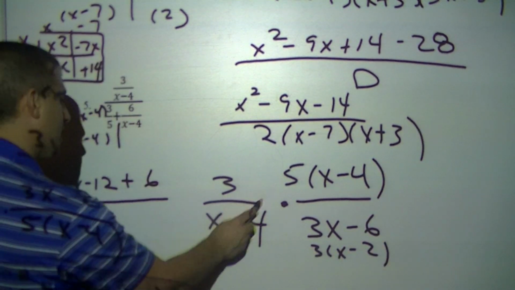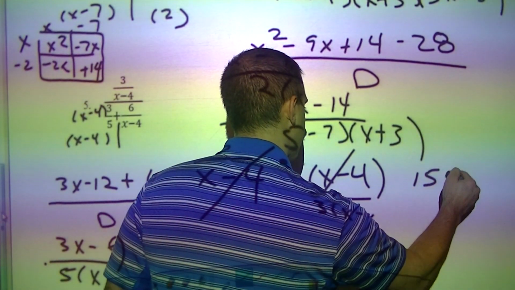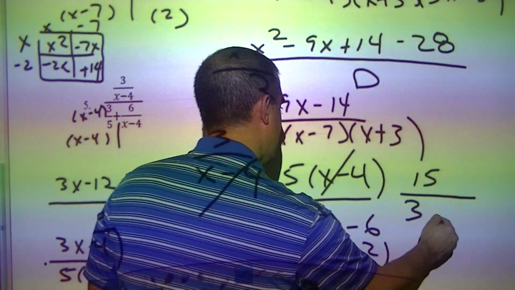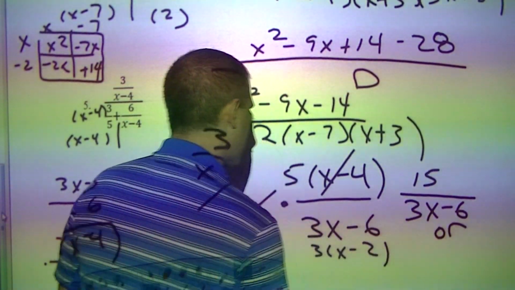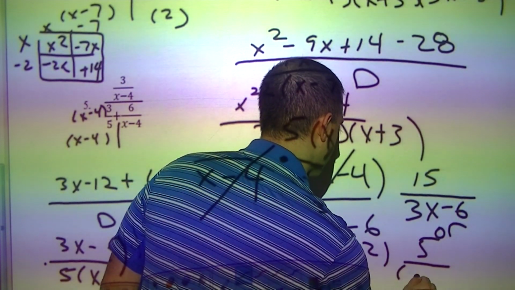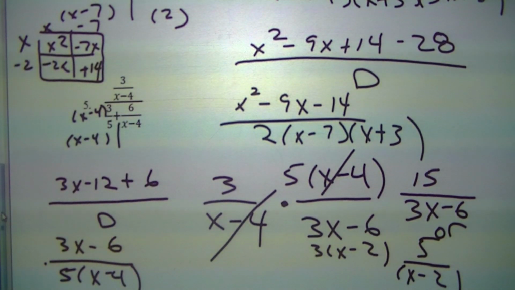Either way. But I can easily eliminate there. If I multiply across, I accepted these answers. I accepted 15 over 3x minus 6. Or if you wanted to, you could have divided the 3 and the 15, which would have been 5 over x minus 2. Either answer I would have accepted for that.